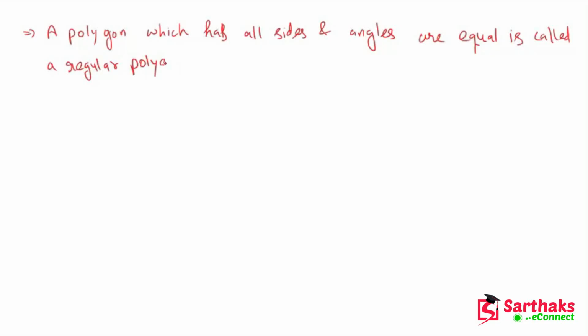Got it, my dear friends? I hope you understand these things. So if a polygon has all sides and all angles equal, then we say that type of polygon is a regular polygon, like square, pentagon, hexagon, like this.